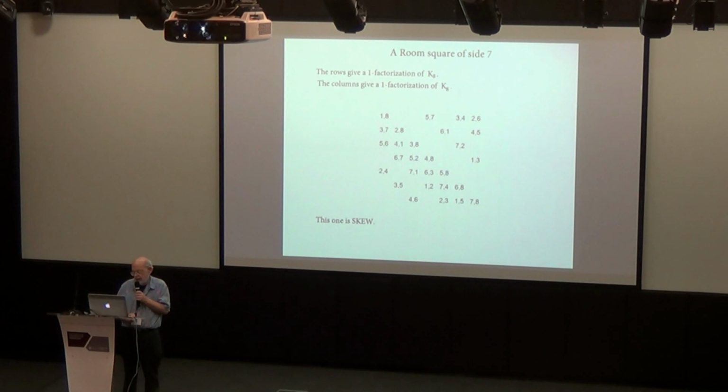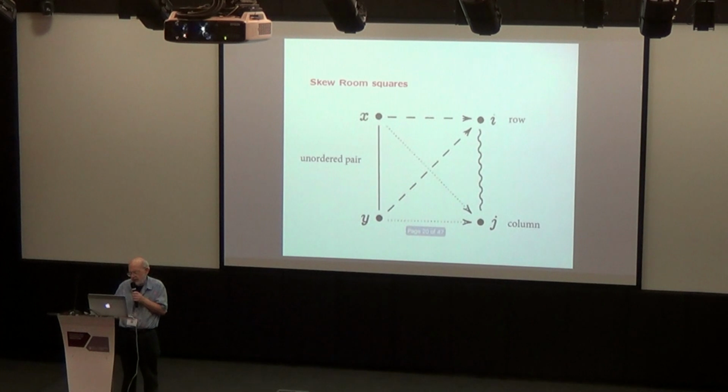Otherwise, if a cell contains a pair, an edge of the complete graph, these are unordered pairs, the diagonally opposite cell is empty. So here's an empty cell, and diagonally opposite it contains a pair. Skew room squares, it took me a while to understand this, are nicer than room squares. It's a little extra property, but they correspond exactly, in some sense, to graph decomposition problems.